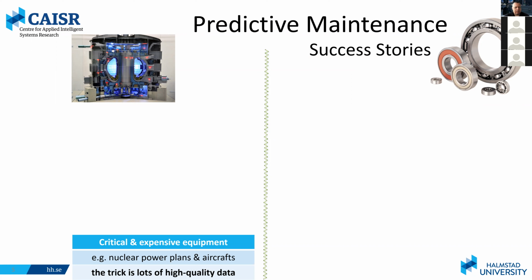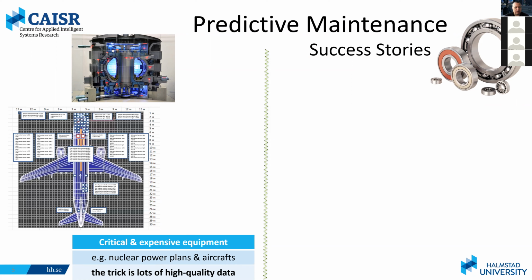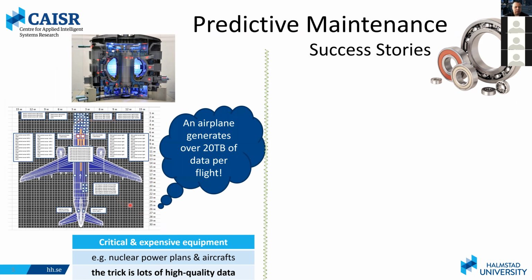You have this critical and really expensive equipment where you actually get a lot of really high quality data just because of how critical it is. There is almost no limit to how much data you can get from equipment like this. A modern aircraft generates 20 terabytes of data per flight. It's huge amounts of data. You have a really good idea about everything that happens inside.